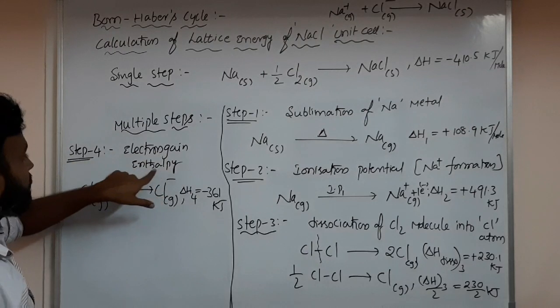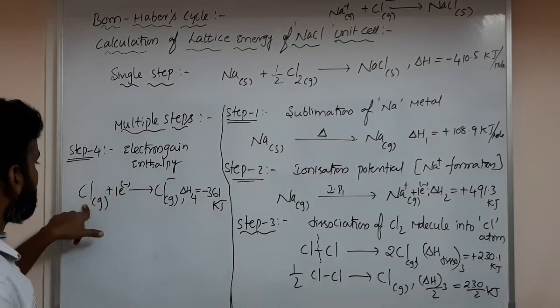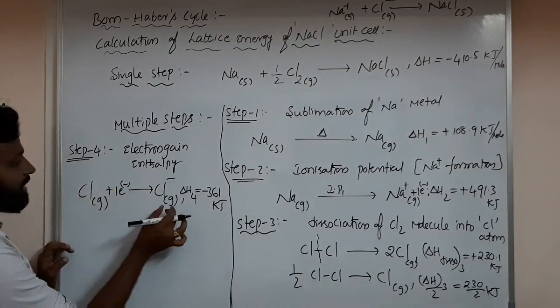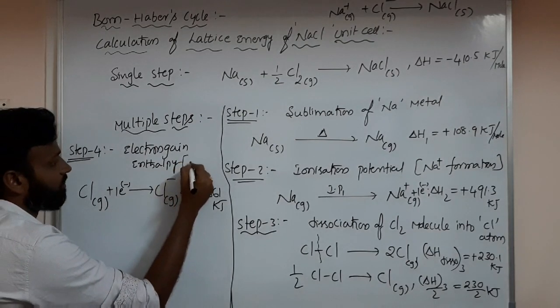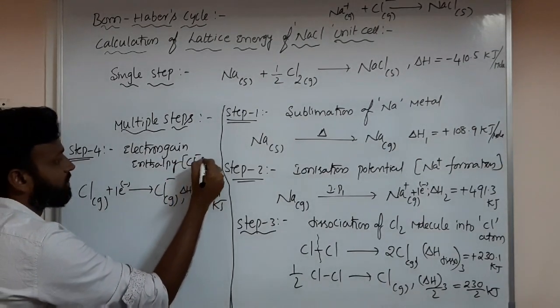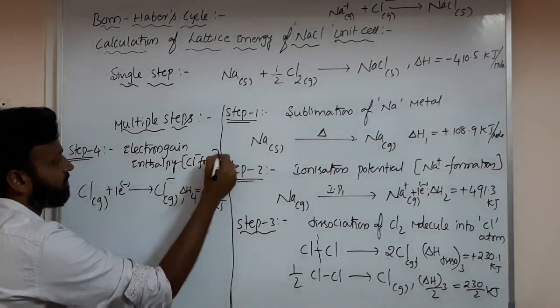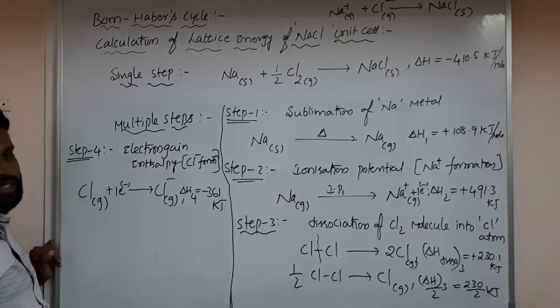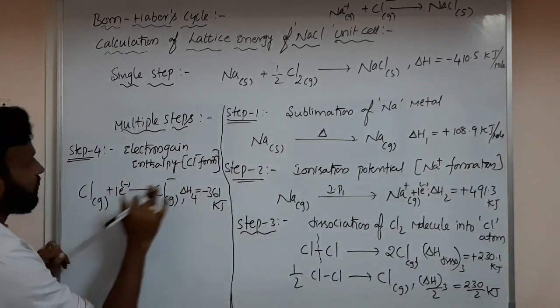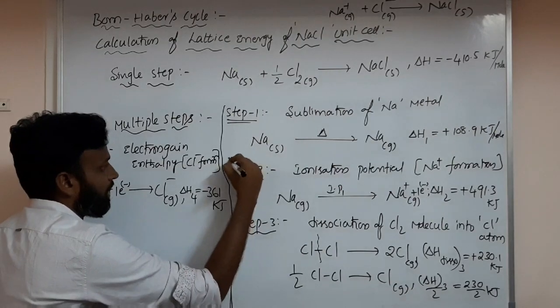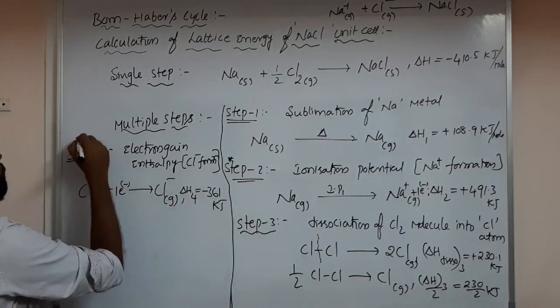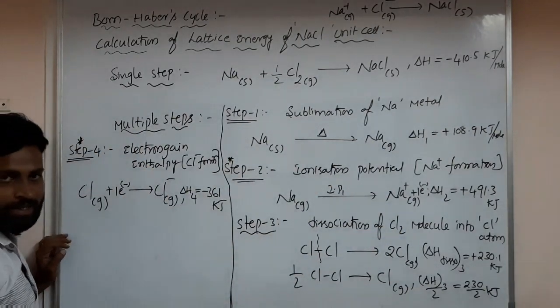Electron gain enthalpy is Cl minus formation. So in the second step our Na plus is ready, and in the fourth step Cl minus is ready.